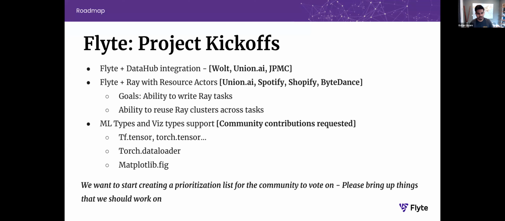Yeah, and then we would love contributions on multiple different things. A few of these are issues already filed by people. A few of them we will probably be hosting a hackathon for or something. One thing that I wanted to do is create a prioritization list that folks can vote on or talk about and help us prioritize at Union or across the community.